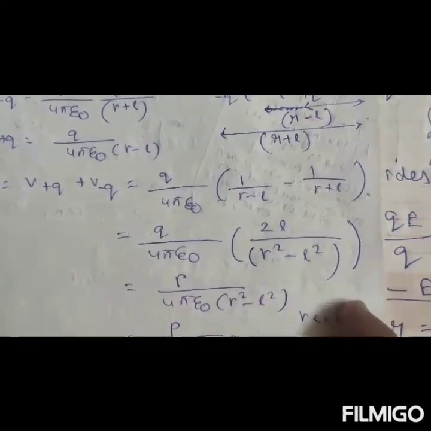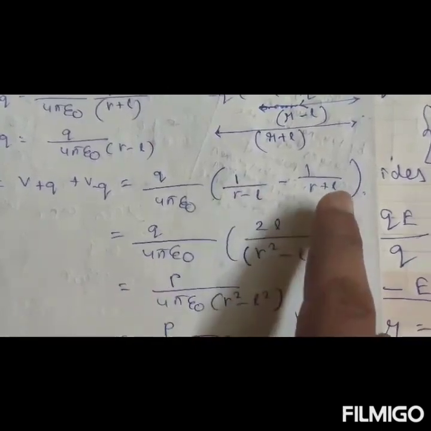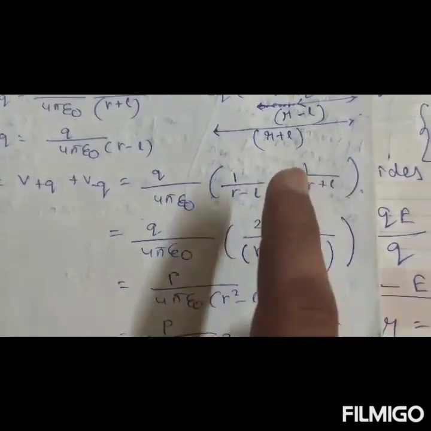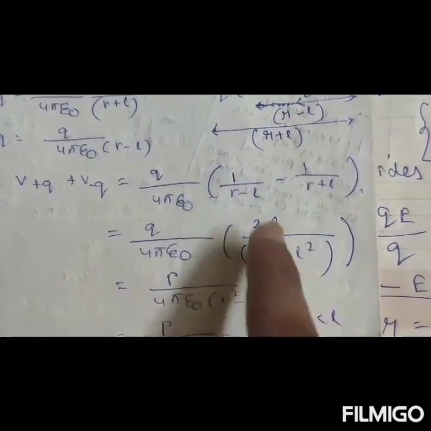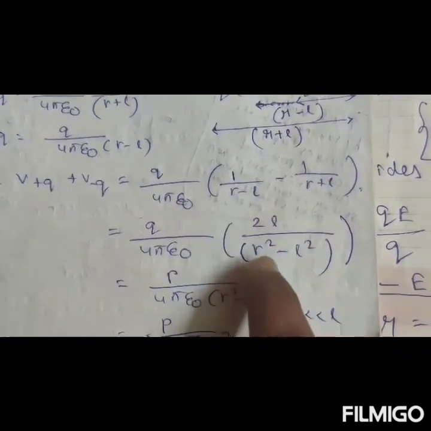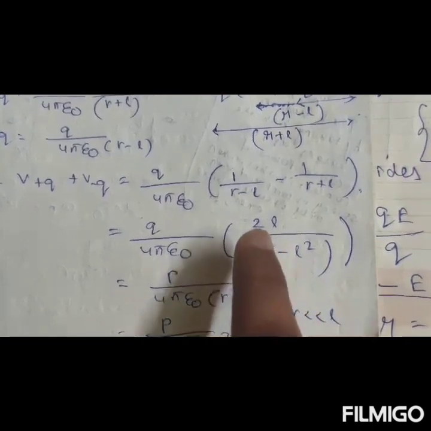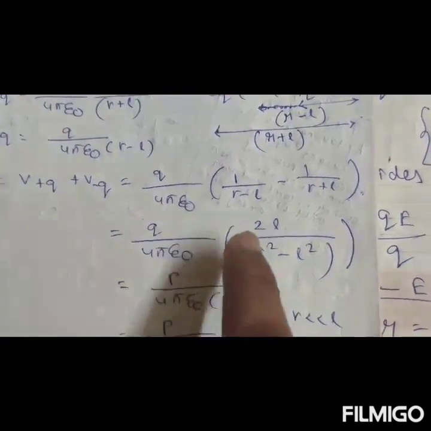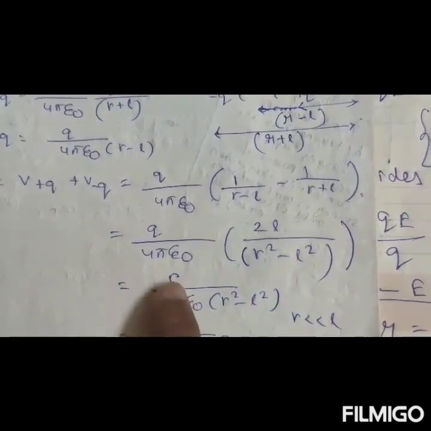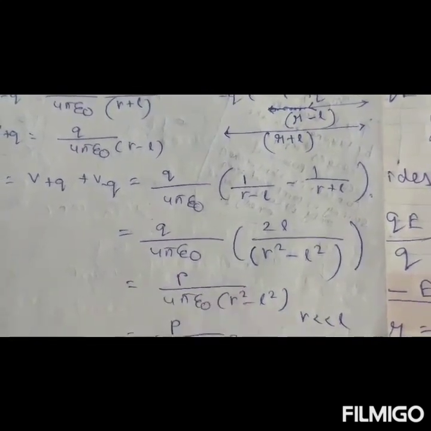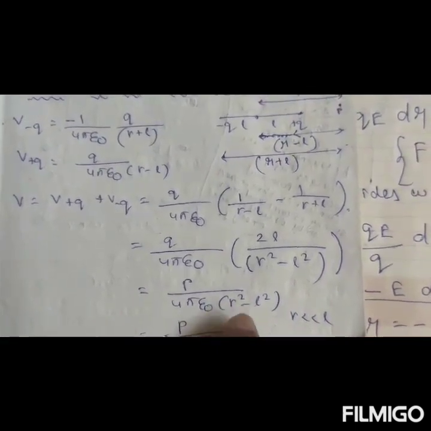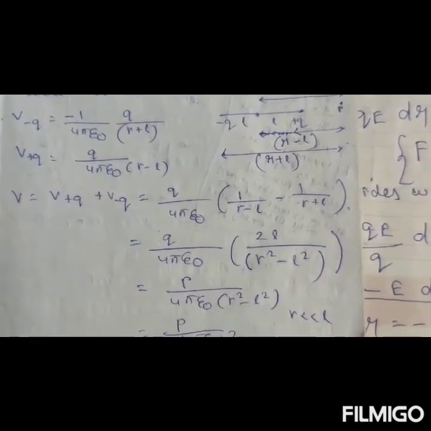If you solve this, R plus L on this side, R minus L on that side, the subtraction gives 2L, and multiplying the denominators gives R square minus L square. You get the answer 2L by R square minus L square. What is q into 2L? The dipole moment P. So V equals P divided by 4 pi epsilon naught into R square minus L square.